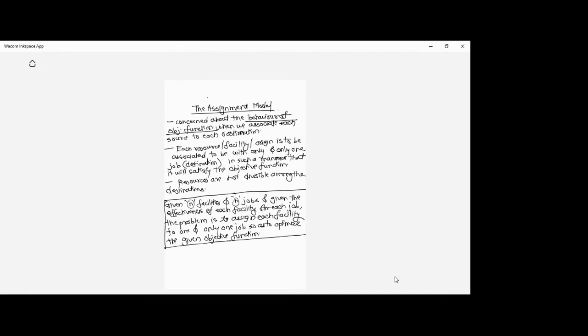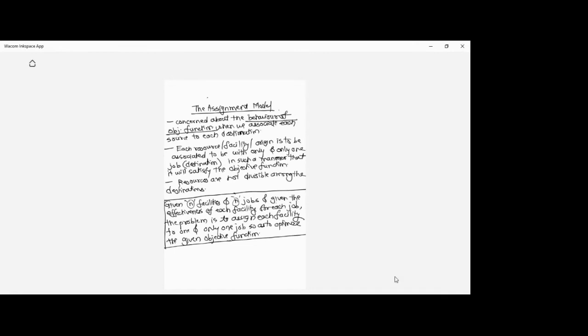That is, how much in terms of time or in terms of other effectiveness, how each facility is working, or how each facility is related with each job. So for example, if faculty A is taking 10 minutes to do a particular job, and faculty B is taking 15 minutes to do the same task, that is the effectiveness of the faculty with that particular job.